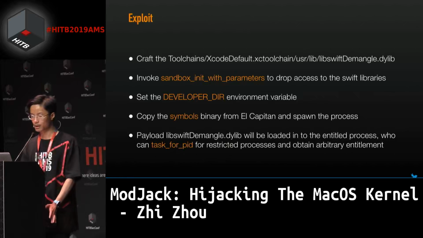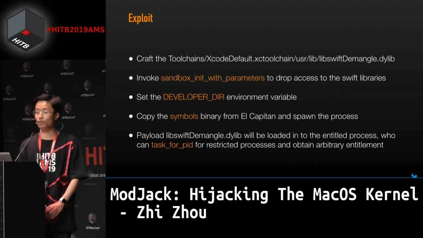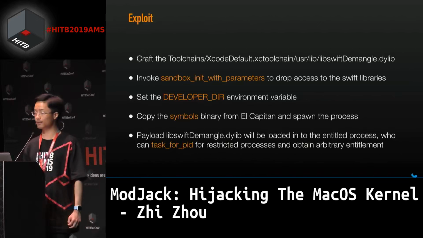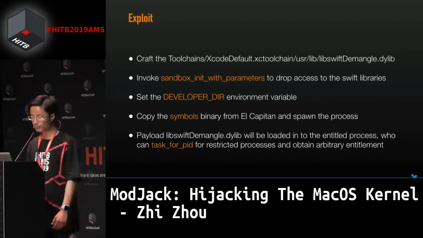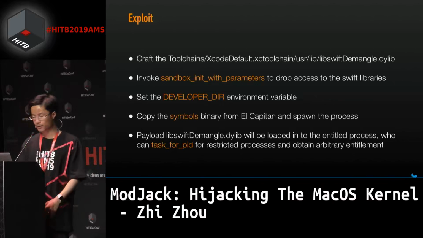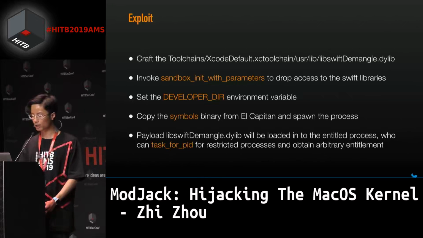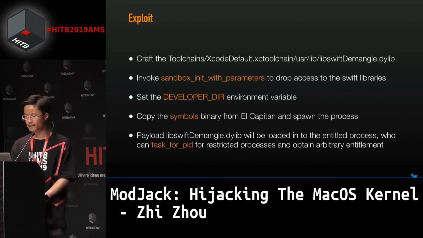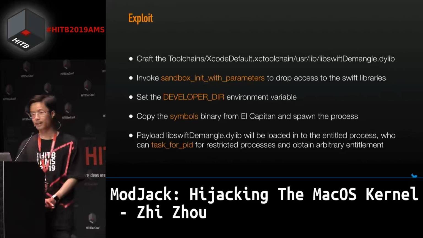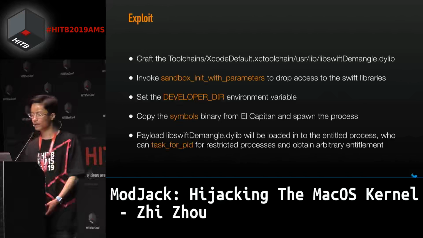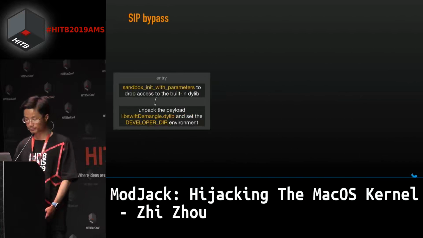Then copy this old binary from the old OS X and spawn this process to trigger the hijacking. Now there's a second stage payload: libswiftDemangle.dylib will be loaded into the entitled process, which can call task_for_pid on restricted processes and obtain arbitrary entitlements.